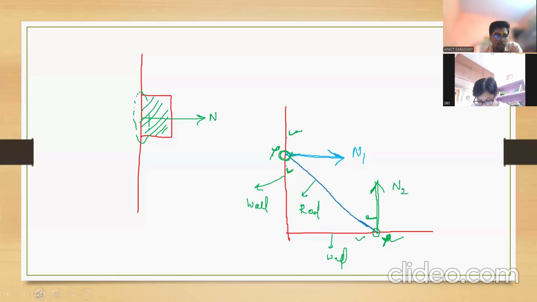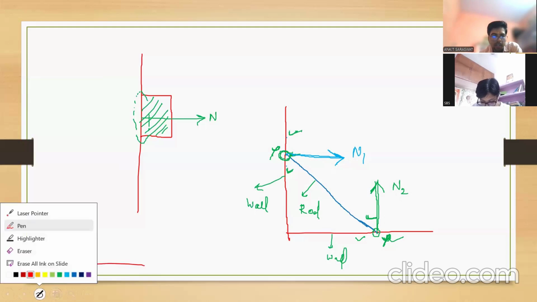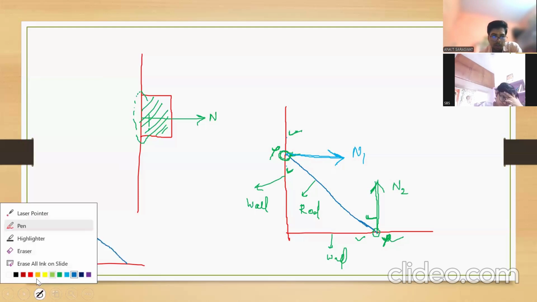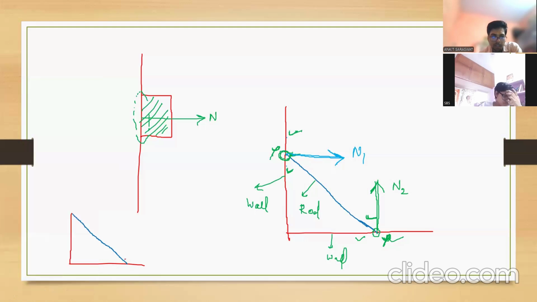Understood? Yes, sir. Now, if rod is placed like this, tell me how to draw the normal here, in which direction. This surface is in contact.